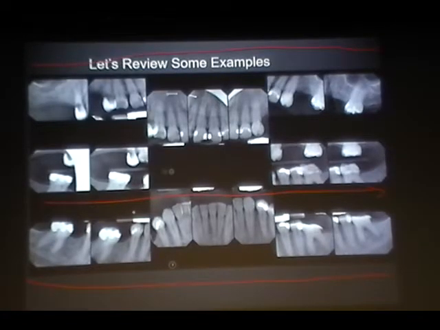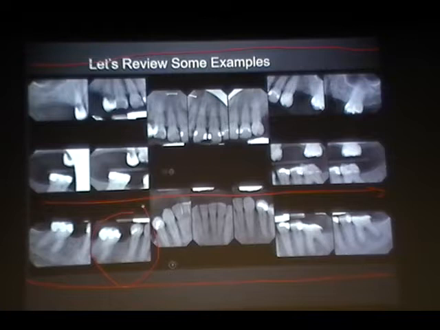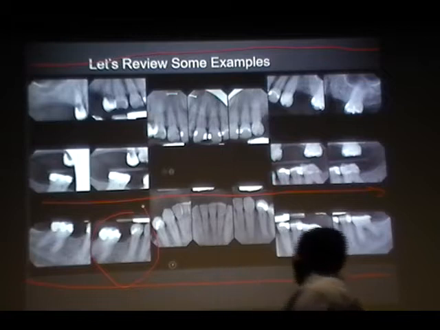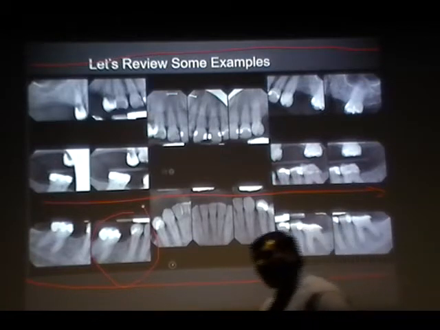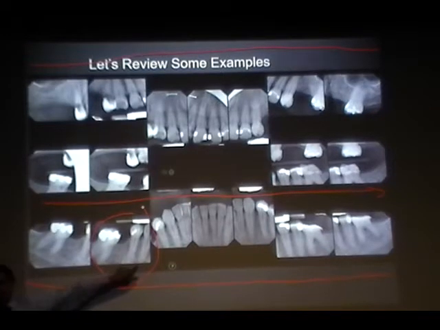How about this one? Sam? Yeah. They can't see it too well. That's a very good reason. That's a very, very excellent reason. So I'll help you out here, okay? Can you see, the apex is missing.